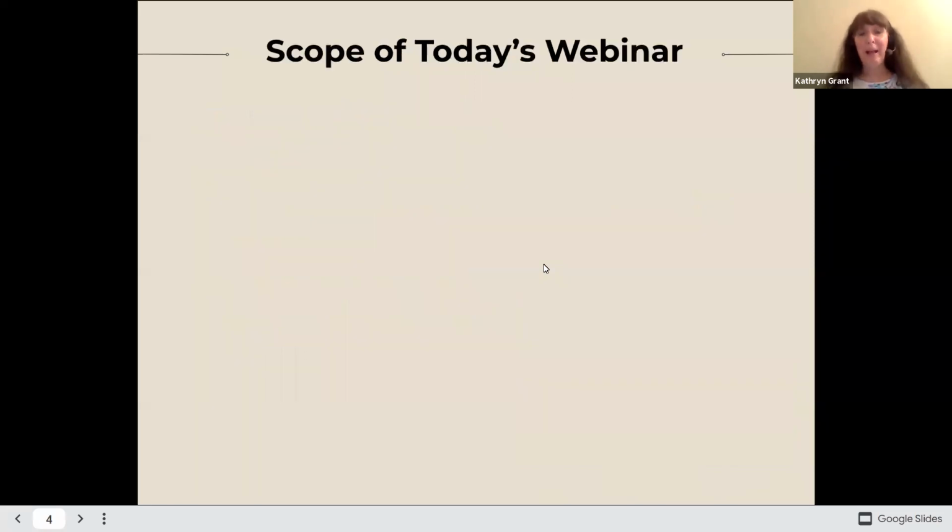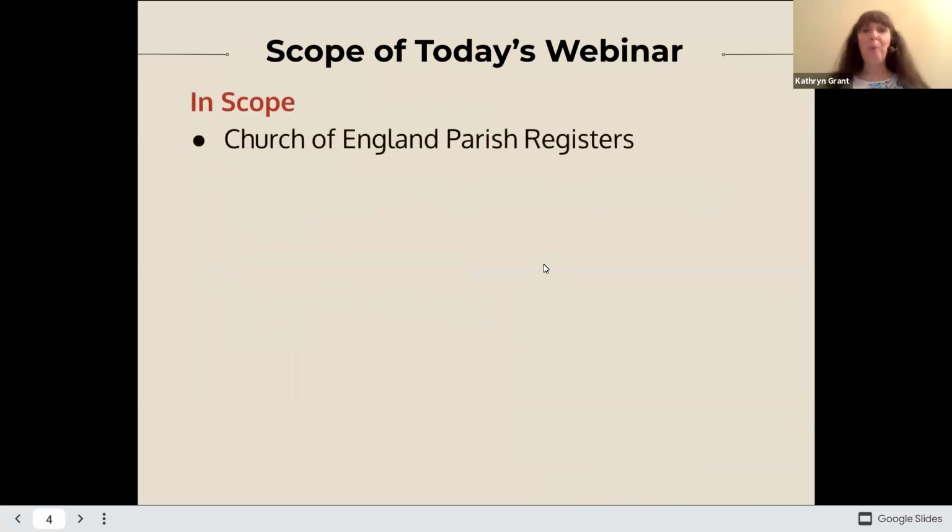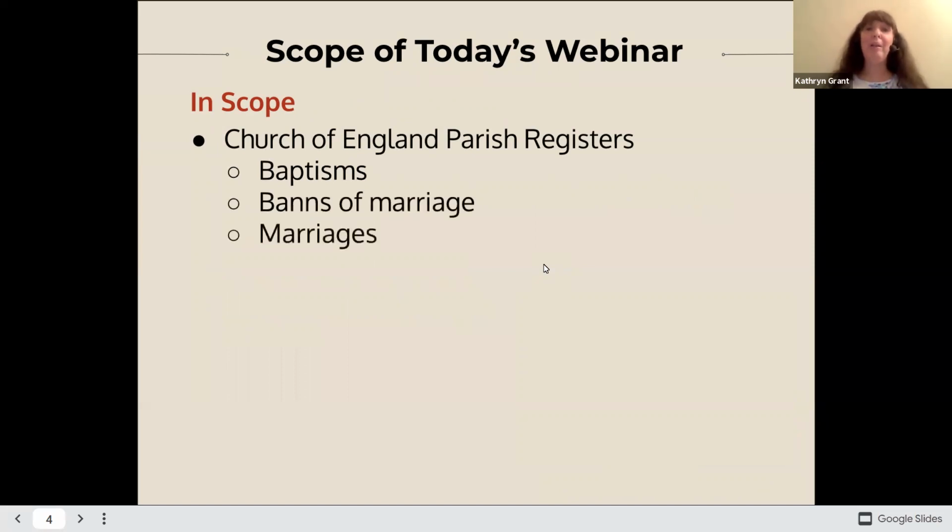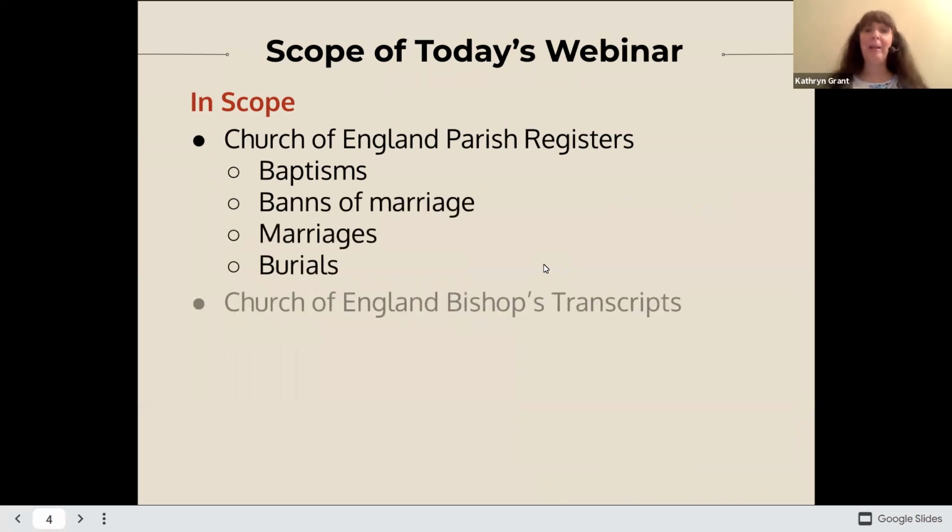Okay, to be clear about the scope of tonight's class, in scope are Church of England parish registers, which include baptisms, banns of marriage, marriages, and burials. And then also Church of England bishops' transcripts and nonconformist registers.